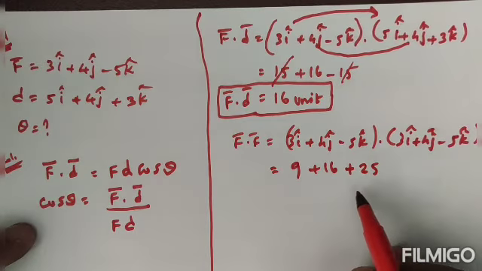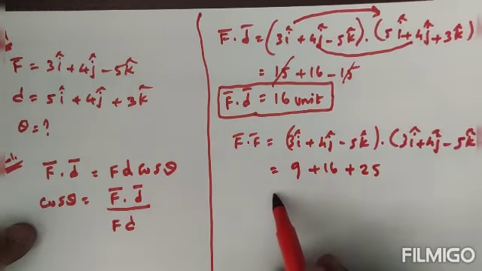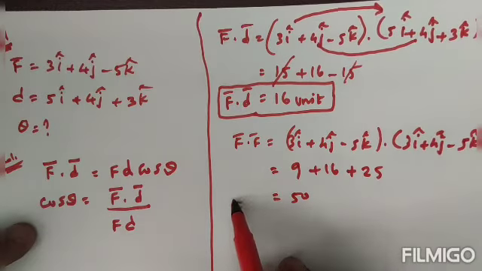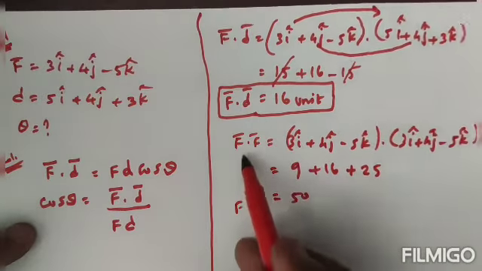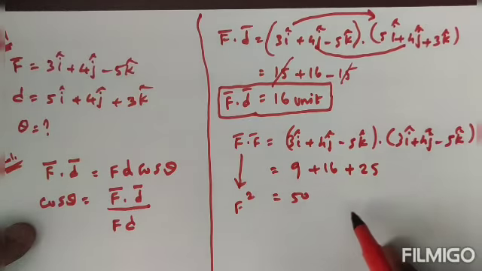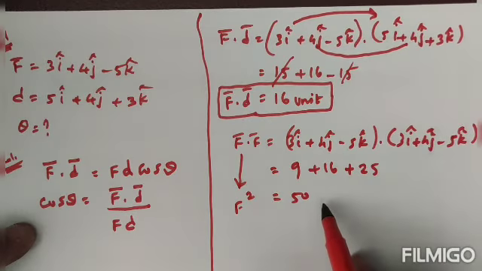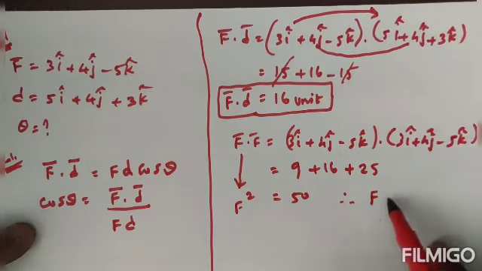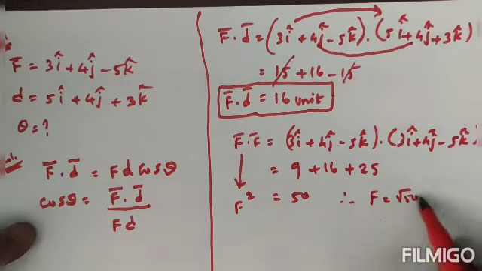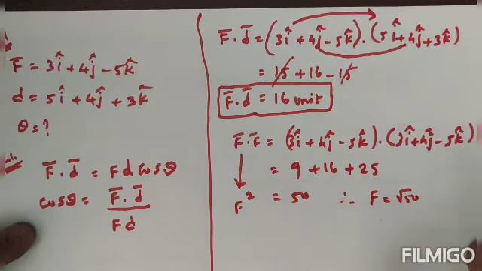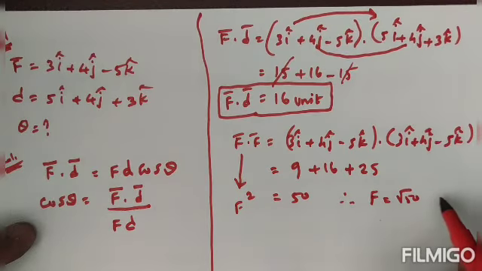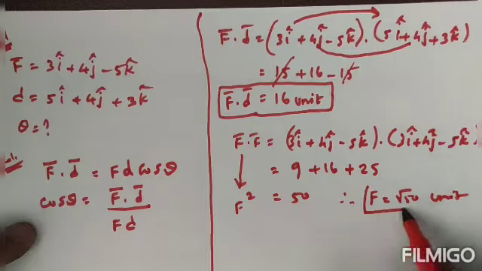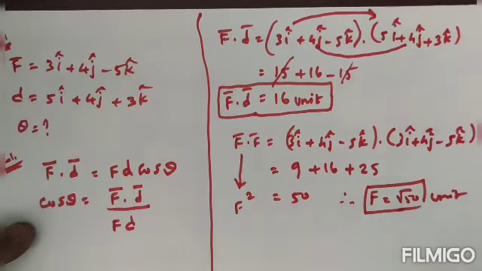So 9 plus 16 plus 25 is equal to 50. So F squared is equal to 50, therefore F is equal to root 50. So F is ready.